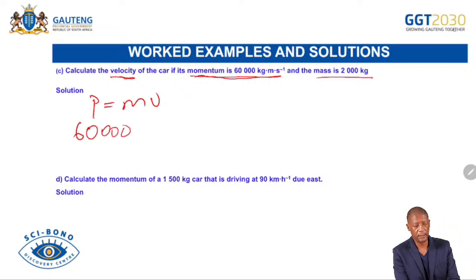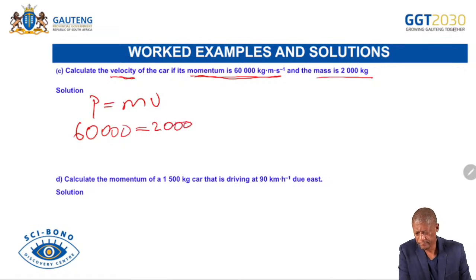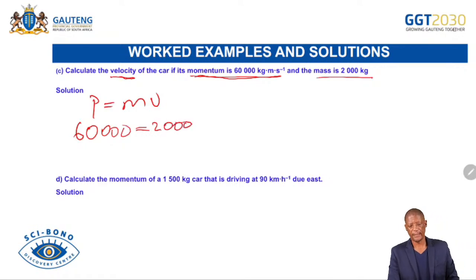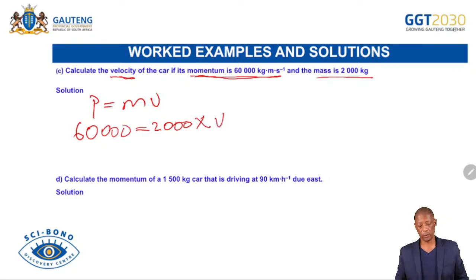All right? Now, equals, we are given what? The mass of 2,000. Then multiply by what we don't know. Use it as it is. Don't rush.